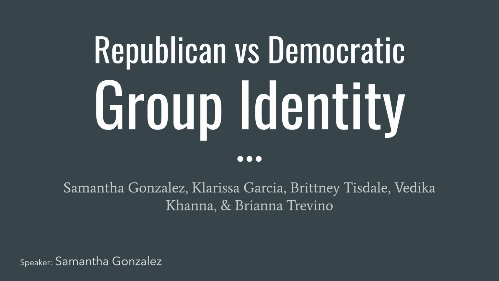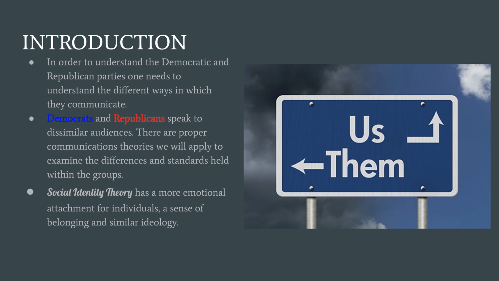For our group topic, we decided to better identify some of these theories through Republican versus Democratic groups and really explain what identifies those groups and what their social form comes from.